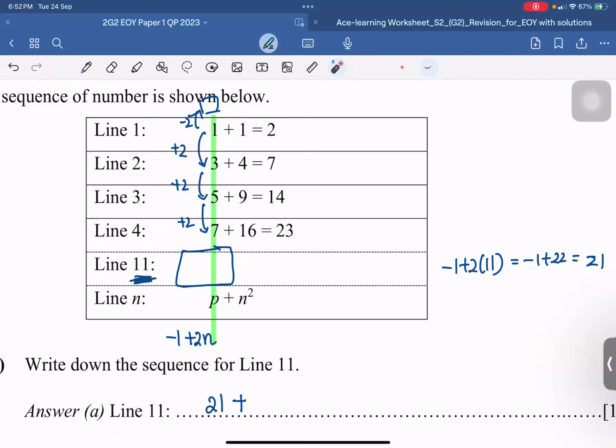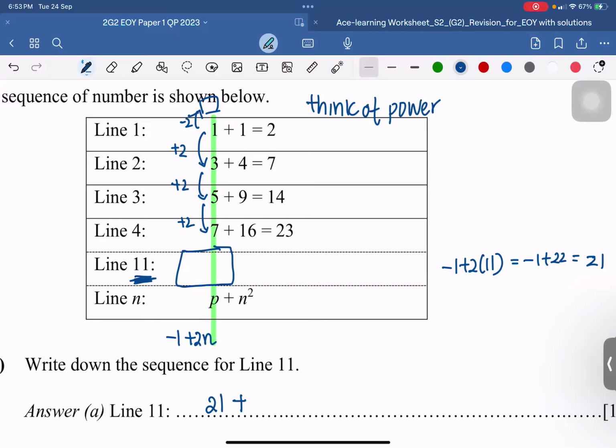Next part. This one over here, these are all very special numbers. You look at 1, 4, 9, and 16. 1 go to 4 is plus 3. 4 go to 9 is plus 5. Are they the same number? No, right? So when they are not the same number, we need to think of power.